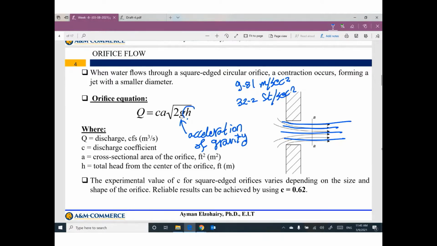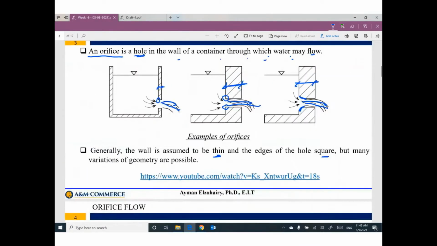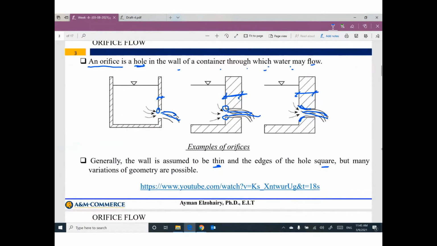H is the total head measured from the center of the orifice. A is the cross-section area of the orifice. C is called the discharge coefficient, based on the shape of this orifice. Sometimes we have this shape, sometimes it's a sharp exit.